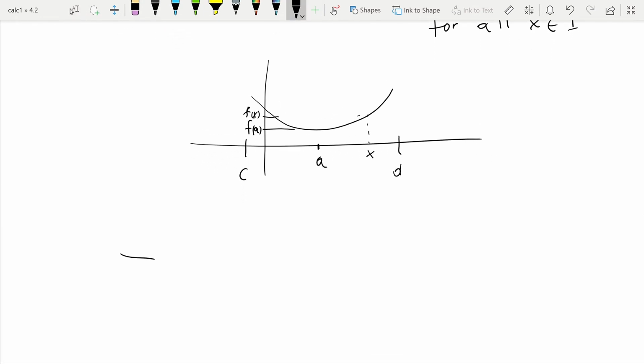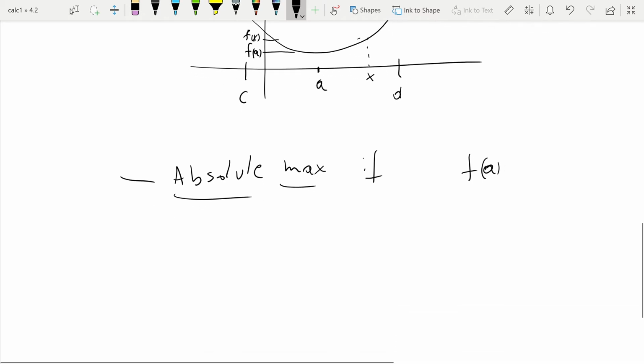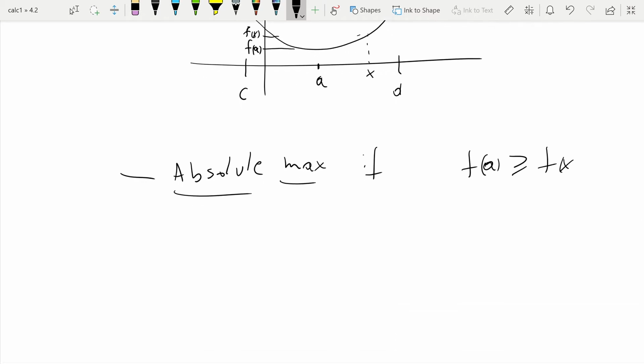Let's look at an absolute max now. It's what you would imagine it is. It's a value f of a that is greater than or equal to any other value f of x inside the interval.